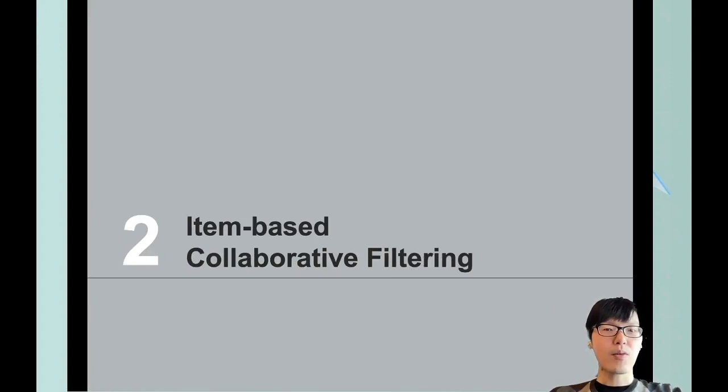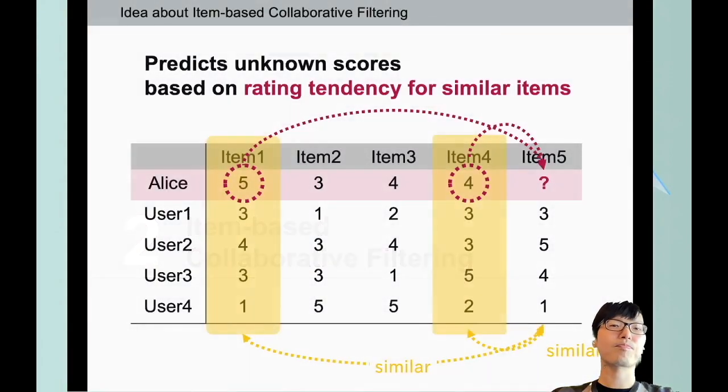So item-based collaborative filtering tries to deal with these problems. So let's learn this method. Item-based collaborative filtering is quite easy and very similar to the user-based collaborative filtering method. The idea of item-based collaborative filtering is to focus on the rating tendency for similar items for unknown rating score prediction.